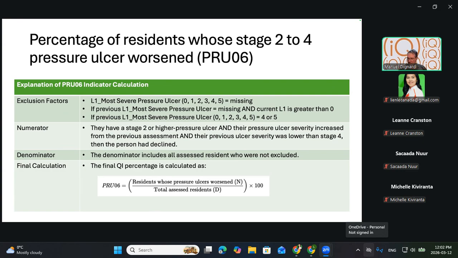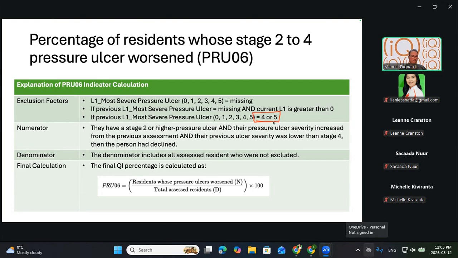Now, we don't have our frequent guilty party here for exclusion factors, because if they're palliative or comatose, or have end-stage disease, they can still get pressure ulcers. So what we're going to look at: if the data is missing, if the previous data is missing, if last assessment you were already a stage 4 or 5, you can't get worse than that.